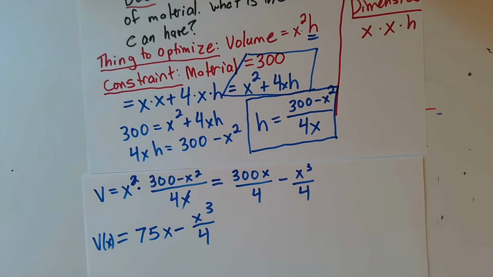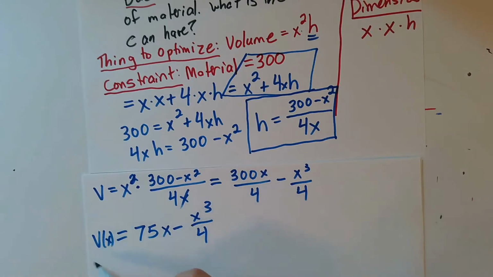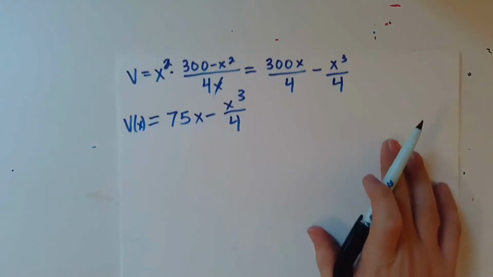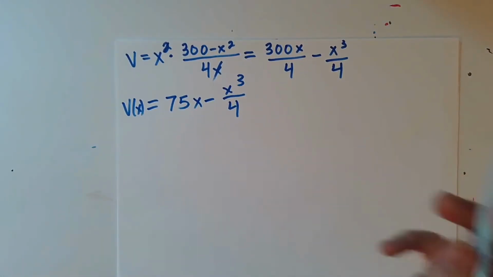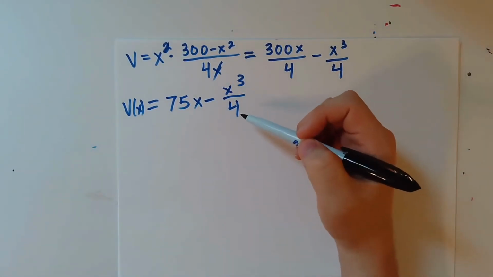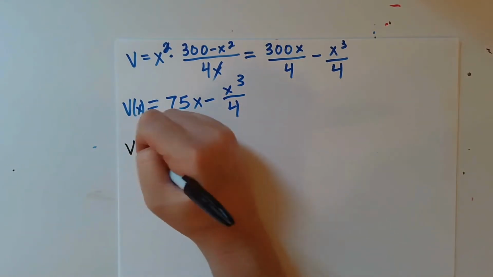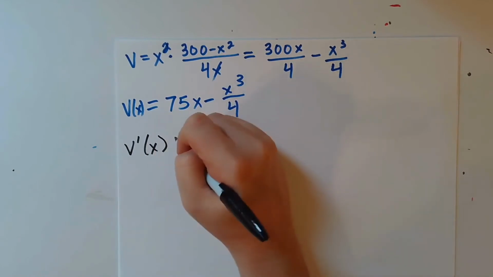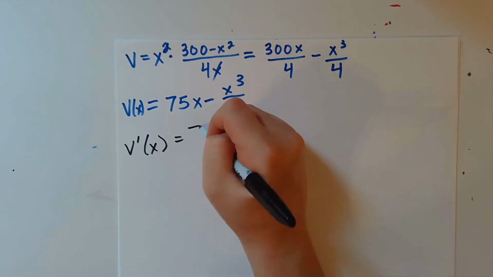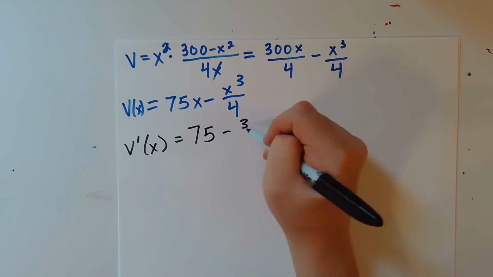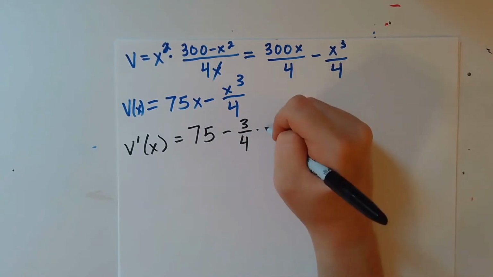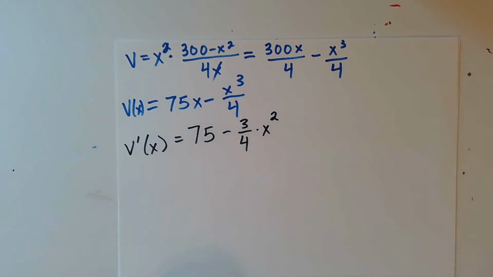So now that I have my thing to optimize, all written in terms of one variable, now we can use this important fact that we called Fermat's theorem, that the maximum has to occur somewhere where the derivative is 0 or at an endpoint. So we'll take the derivative, and it will be 75 minus 3/4 times x squared.